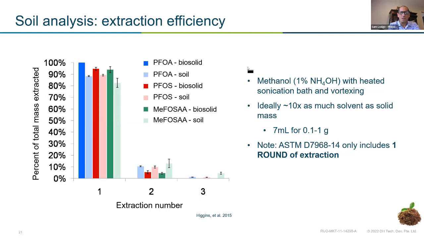You'll see that you need a higher number of extractions to get the full 100% of the PFAS that's in the soil out of the soil and into your injection volume. The ASTM method only uses 1 round of extraction, which is one of the reasons that the EPA and most of the commercial labs have probably not taken this method and made it a commercial product. Next slide, please.